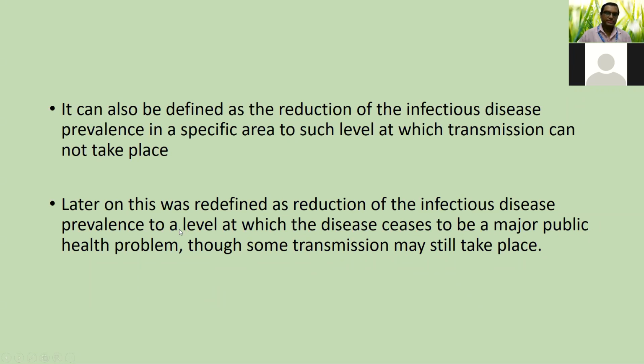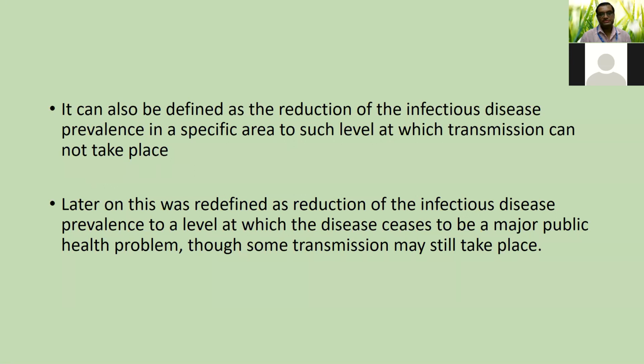It means if we adopt some strategy to eradicate the disease, and by those strategies we reduce the prevalence of the disease to such a level that it cannot cause a major public health hazard or havoc in a population, then we can call it an eradicated disease, the stage of eradication, though some transmission may still take place.